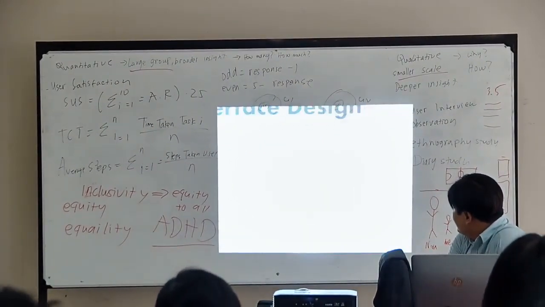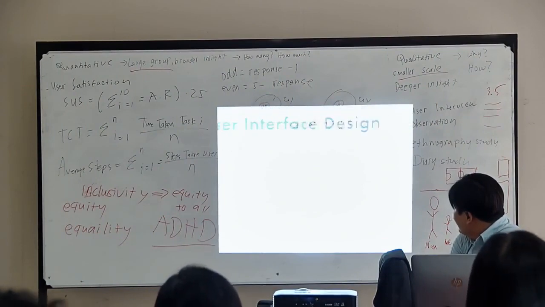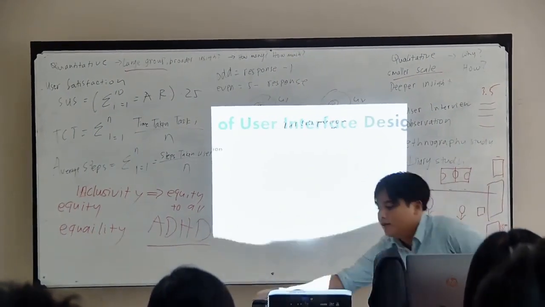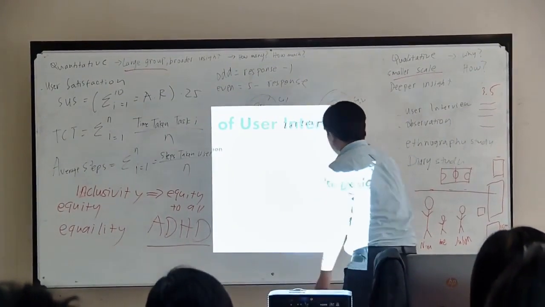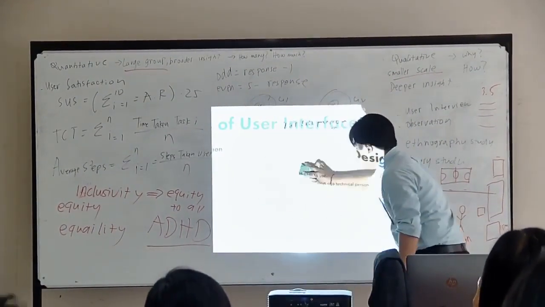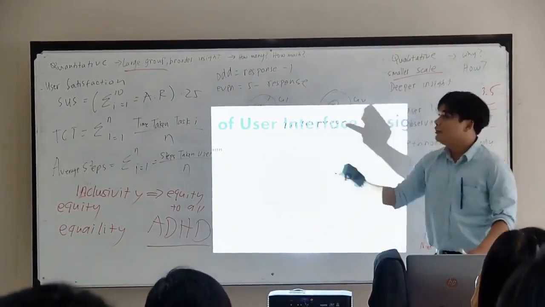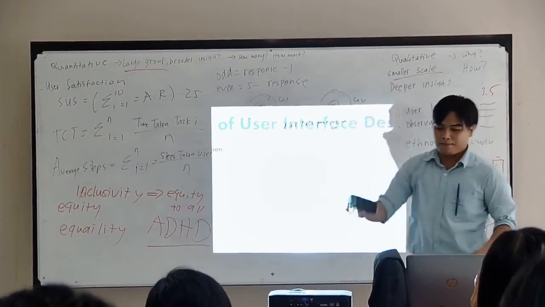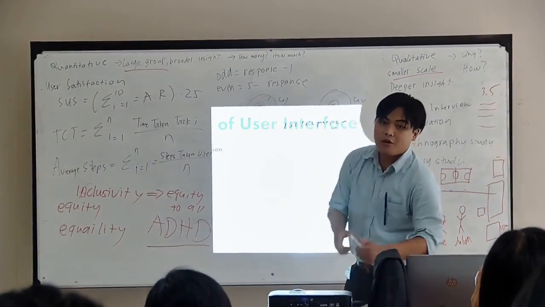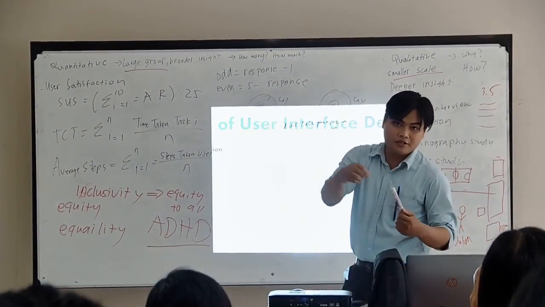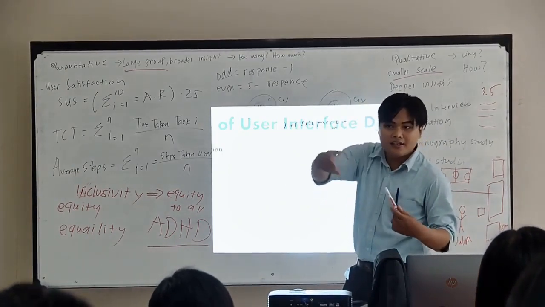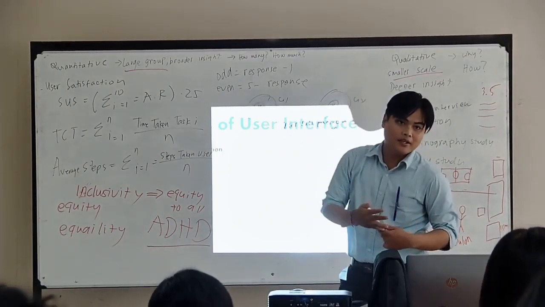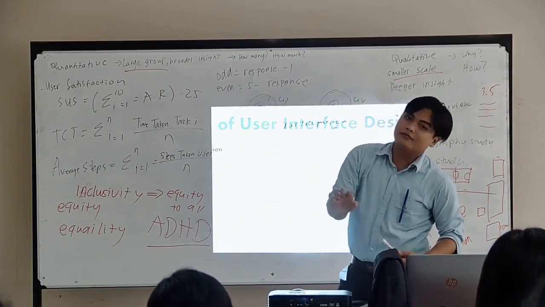Can you see the question? How do we assess the user satisfaction? If we use a quantitative approach, I will create a questionnaire, okay, and deliver it to many people. At least 40.